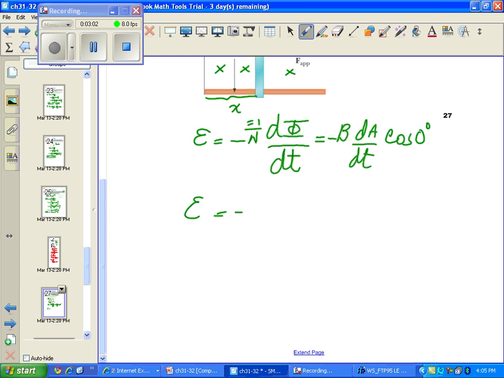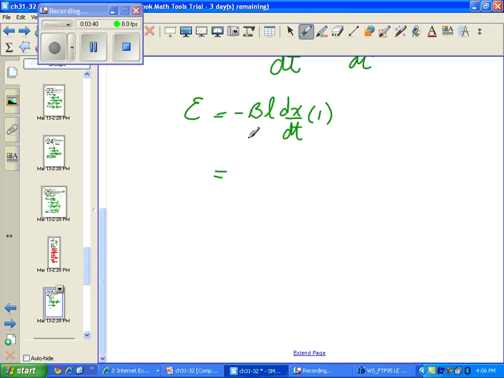And we have minus B. The area is made up of L times W. But our W is our width, and in fact, I'm sorry, let me call that X, because it'll just be simpler since we define this as X. So X is what is changing in time, so we pull L out of the derivative, dx over dt times 1 because of the cosine of 0.